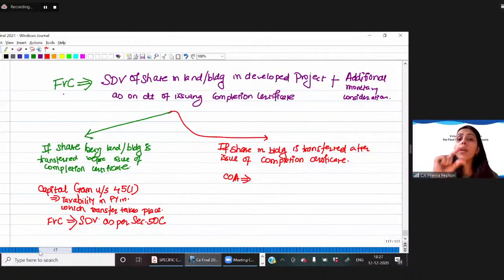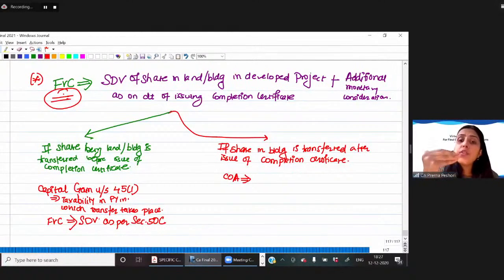So I'm saying when the share is transferred after the completion certificate is issued, then your cost of acquisition will be this. Because this is already taxed now. So what you're getting is taxed. And once you transfer your building, then in that case, cost of acquisition will be FVC as per section 45(5)(a). Clear?